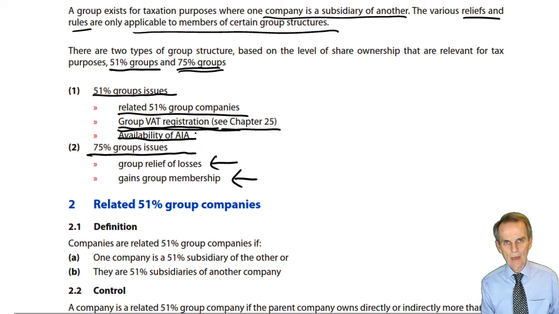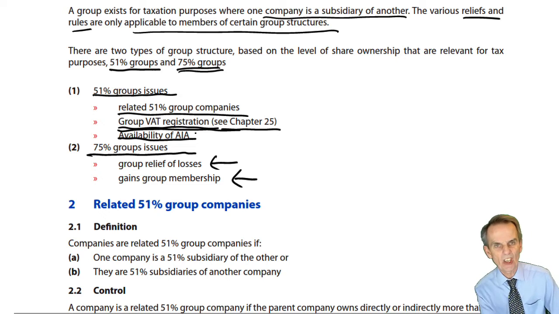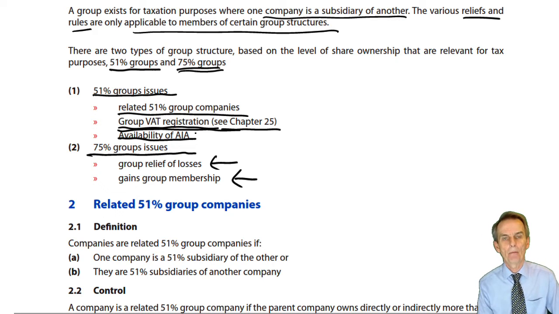In the same way as we had to divide the profit limit of 1.5 million between all of these 51% group companies there, so too do we have to understand that only one lot of AIA is available, so £1 million in total, to be shared amongst the members of the 51% group.